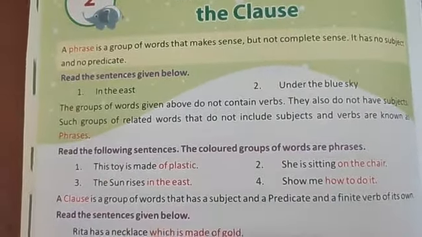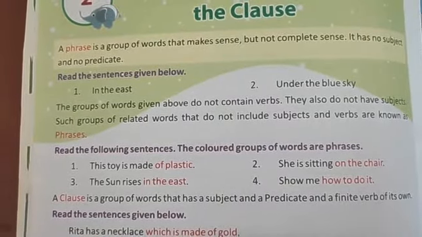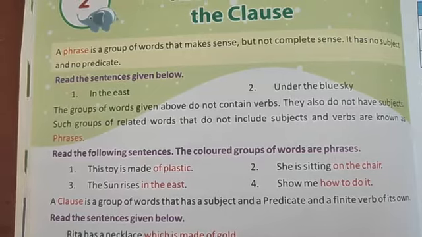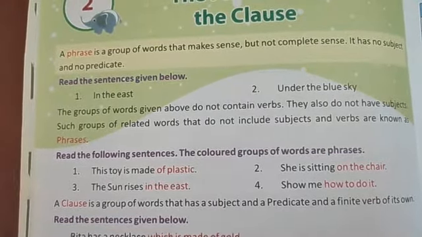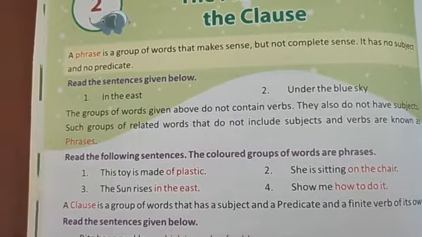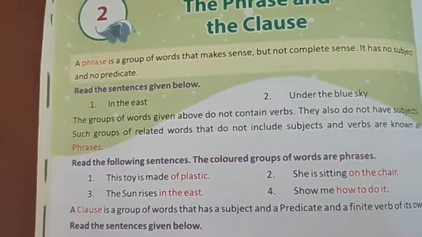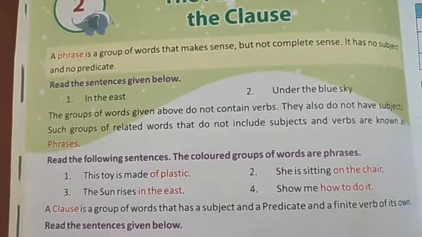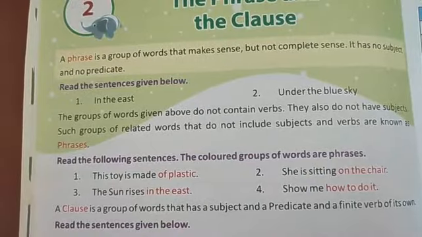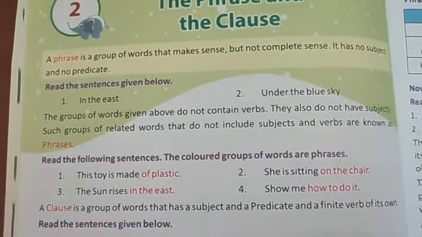Now see, what are the examples? In the east, under the blue sky. Clear? In the evening, in the morning. All these kinds are simple phrases. The groups of words given above do not contain a verb. See, in this group of words, there is no finite verb.